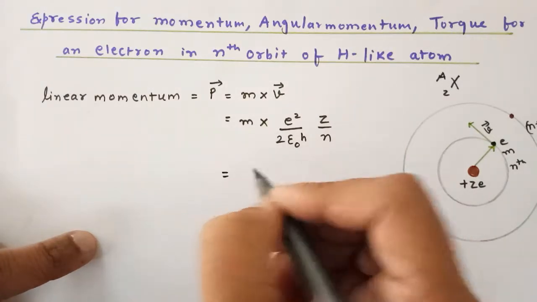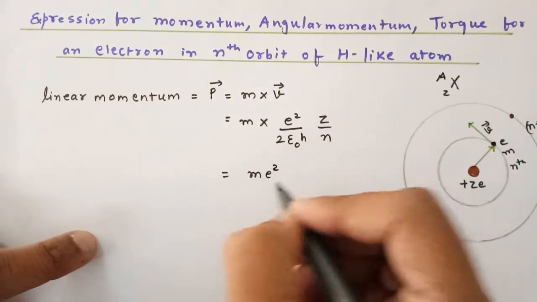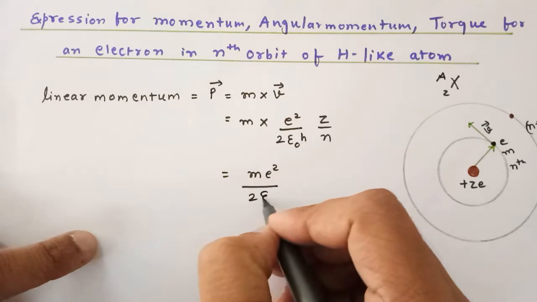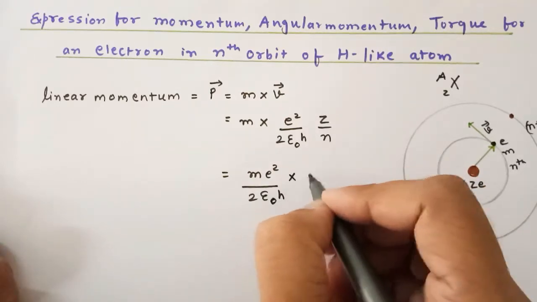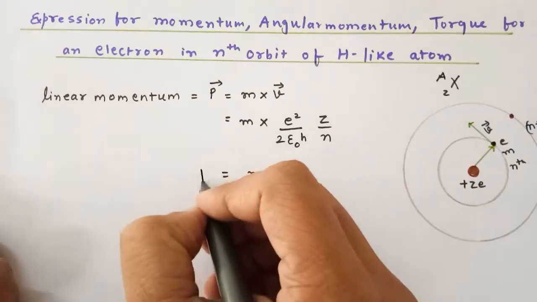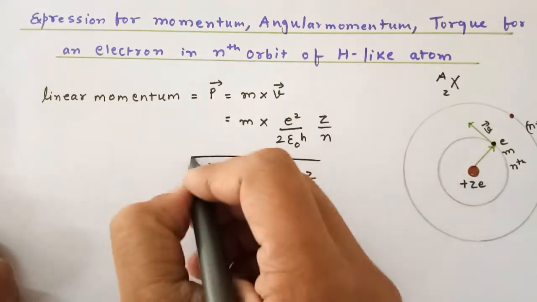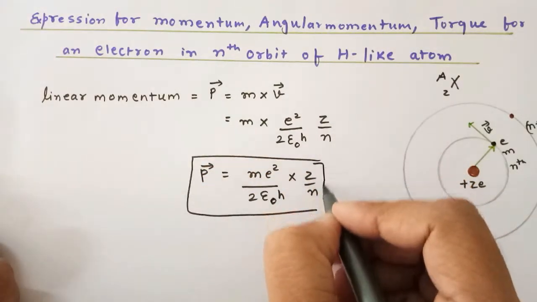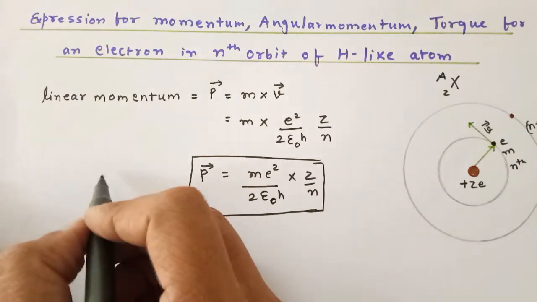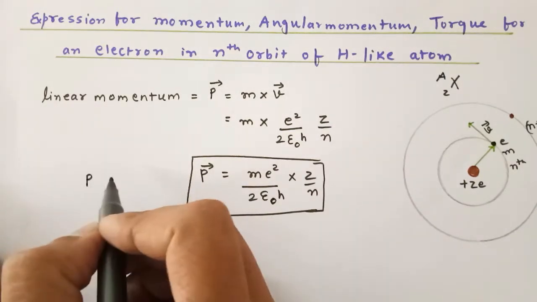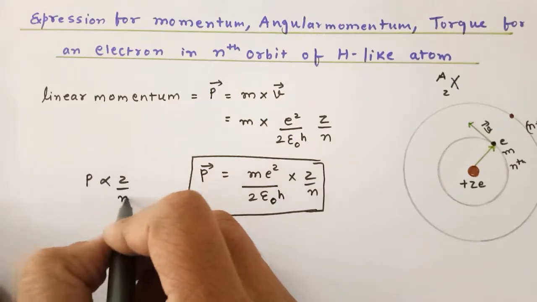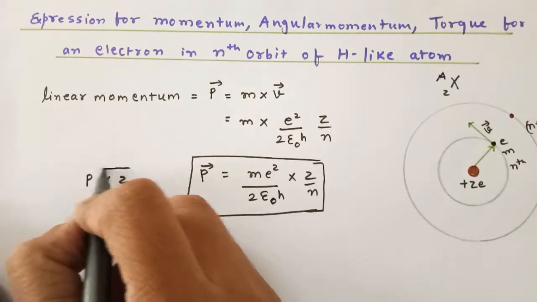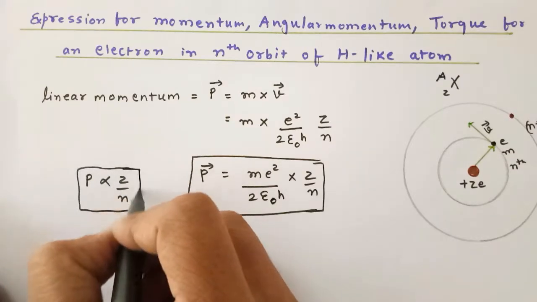So here we have an expression m e square upon 2 epsilon 0 h into Z by n, that is the formula for the momentum. And from here we can say that momentum of any electron in a given orbit, linear momentum, is directly proportional to Z by n. For a given atom it would be proportional to 1 by n, right?